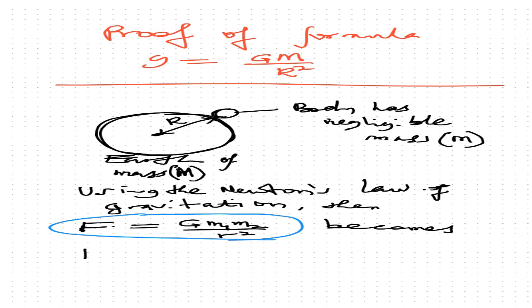It becomes F equals G, capital M, then the body's mass small m, over big R squared. Let's call this equation 1.